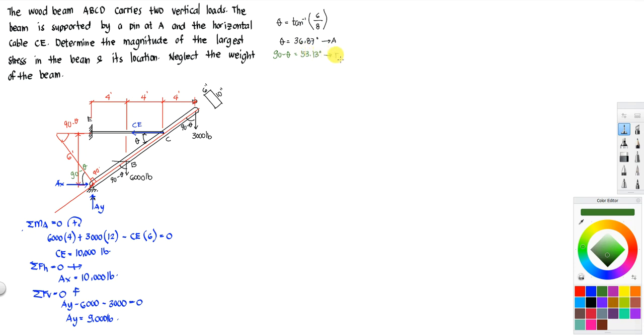Lalagay ko naman siya sa B. Okay? Okay, now itong AX, i-component na natin, ano? Pero una, lagay ko muna to. Points A, B, C, and then D. So A, B, C, and then D. Okay.